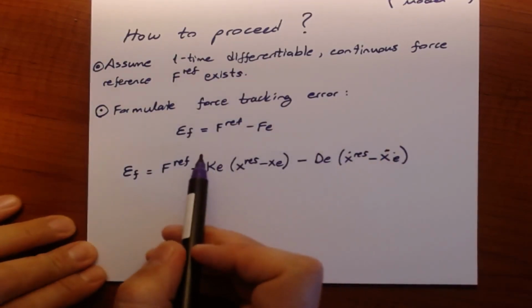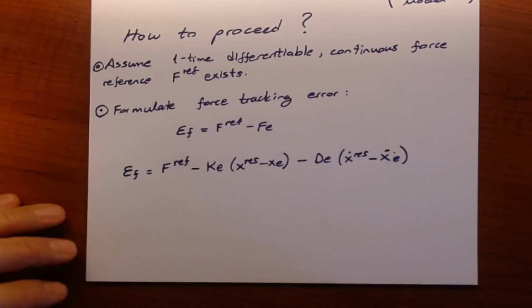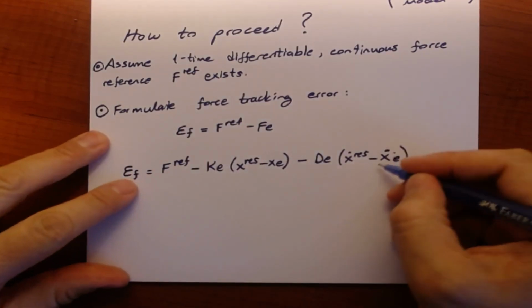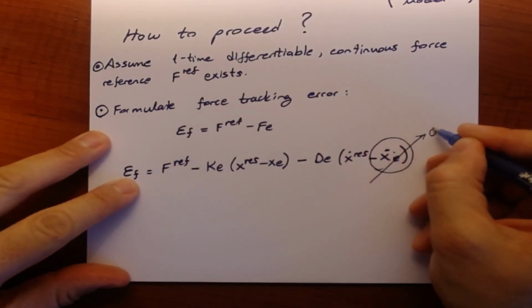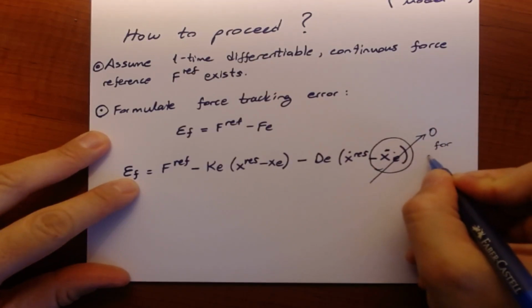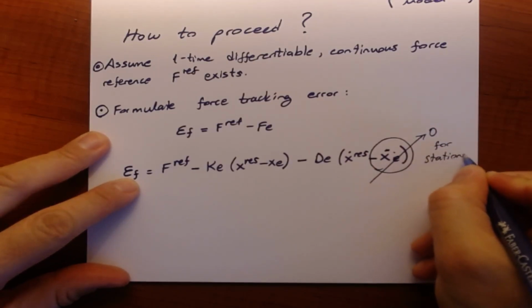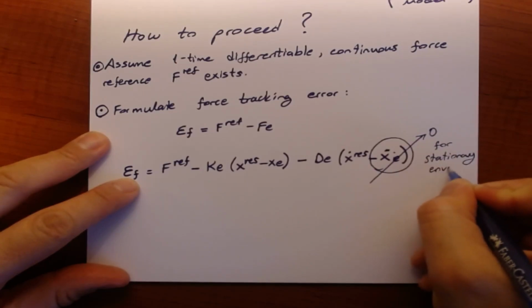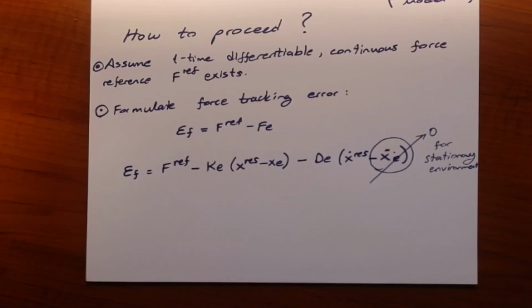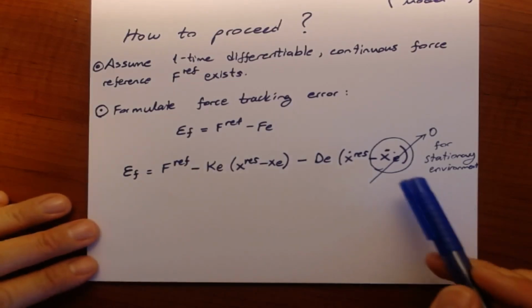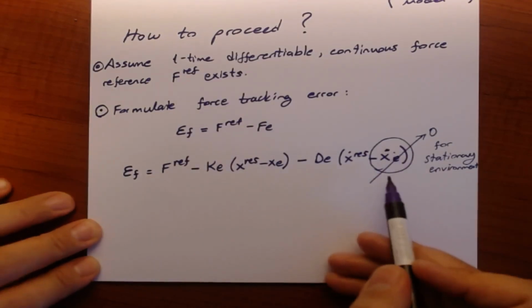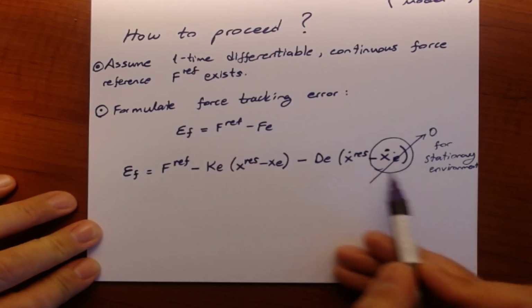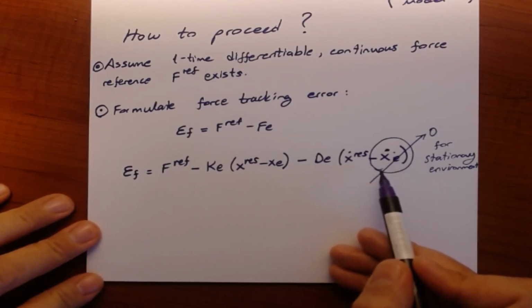Here I have to also make another remark, that this term will be equal to 0 for stationary environment. What I mean is that if your environment's contact position is stationary, it shouldn't have any derivative. Its derivative should be equal to 0.